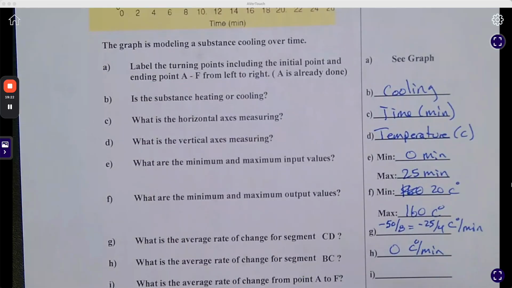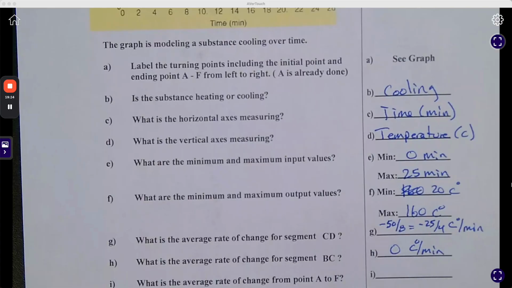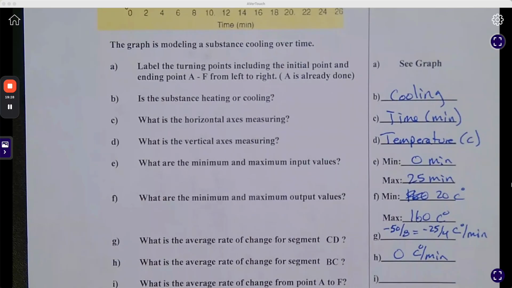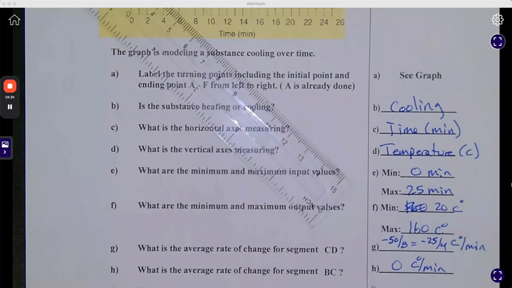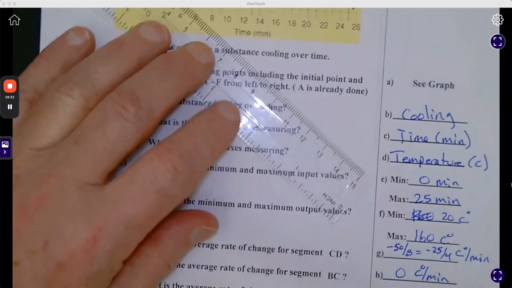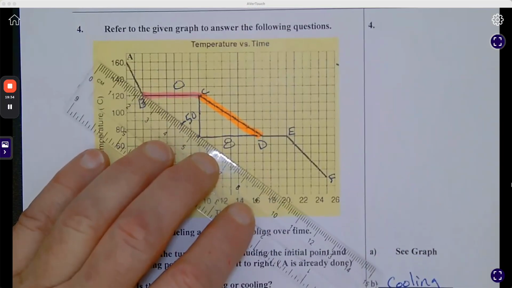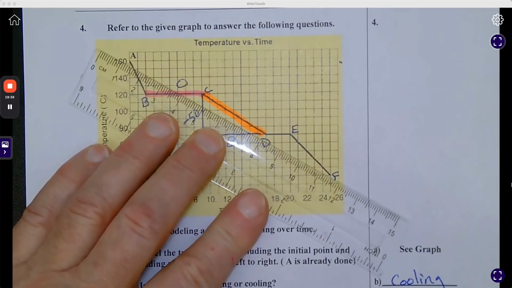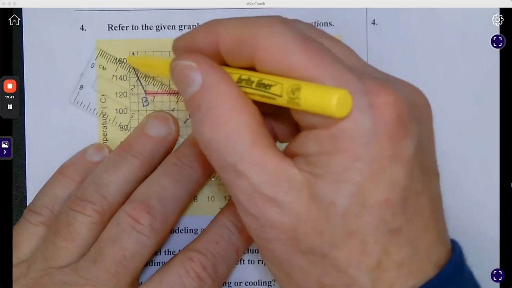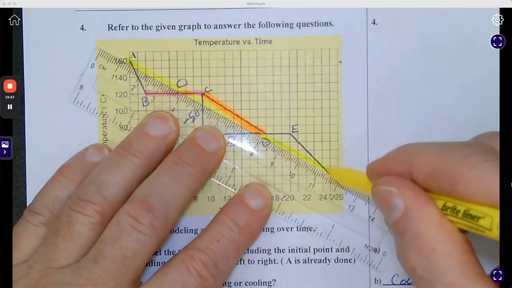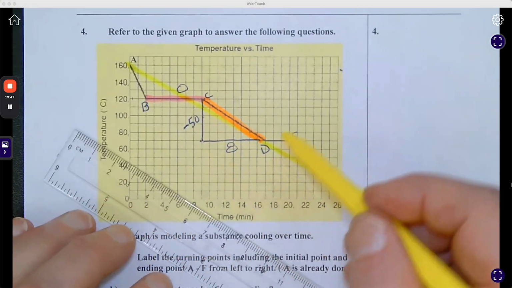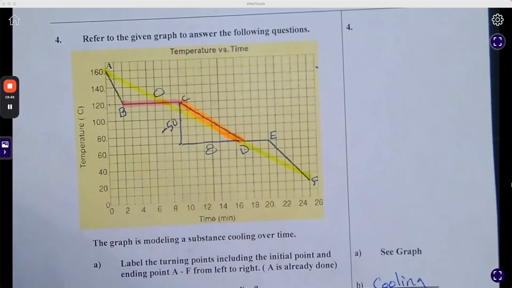What is the average rate of change from point A to F? Oh, that means from the beginning to end. All right, so what I'm measuring here is I'm going to measure this rate of change. The average means from that point to that point, not taking into consideration what happens in between.